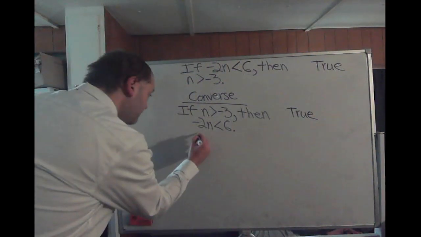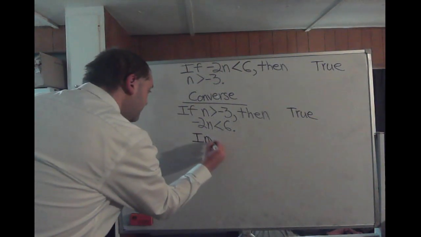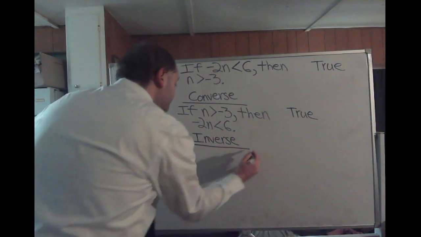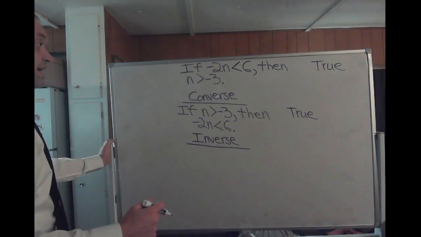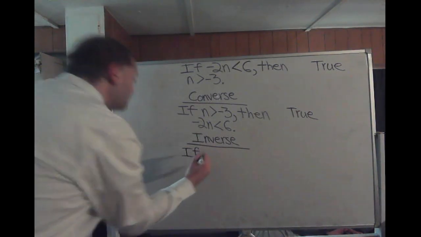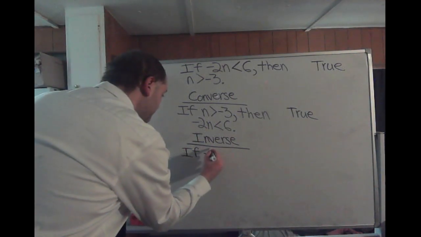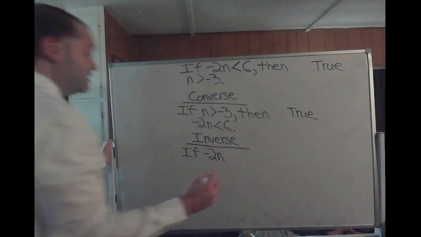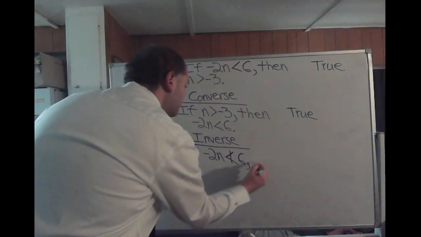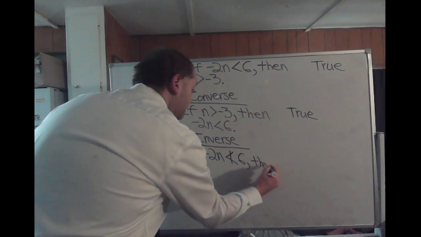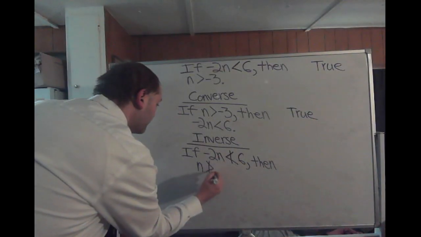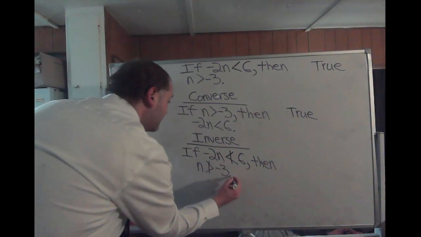Now, what would the inverse of the original statement say? The inverse would say if negative 2n is not less than 6, then n is not greater than -3.